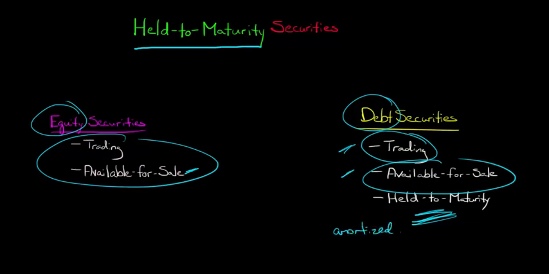We're going to talk about amortized cost, but before we do, to be able to get this held to maturity classification for debt securities, you have to have the intent and the ability to hold the securities to maturity.